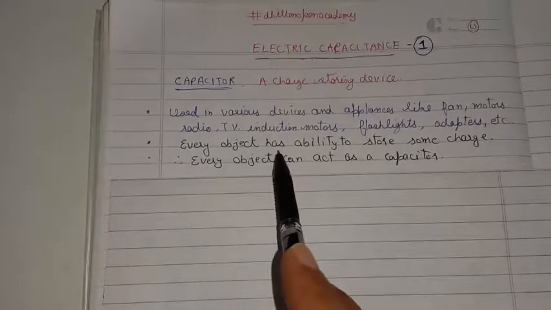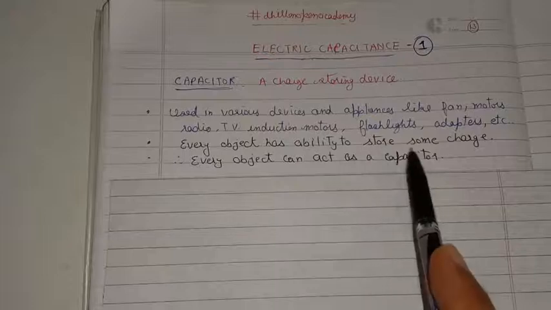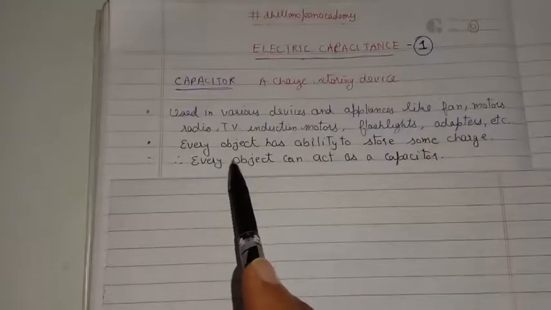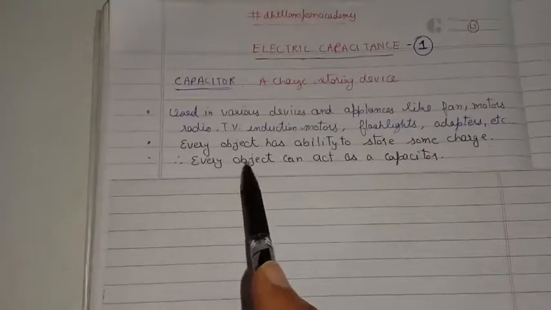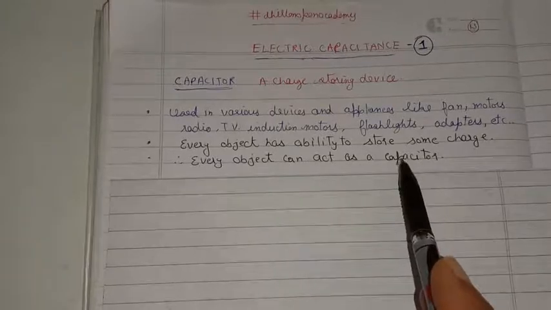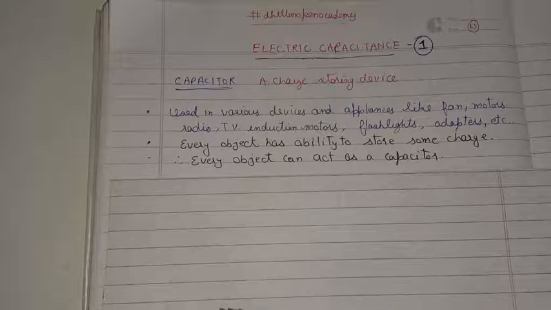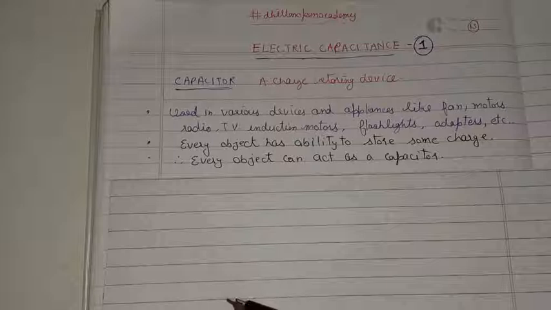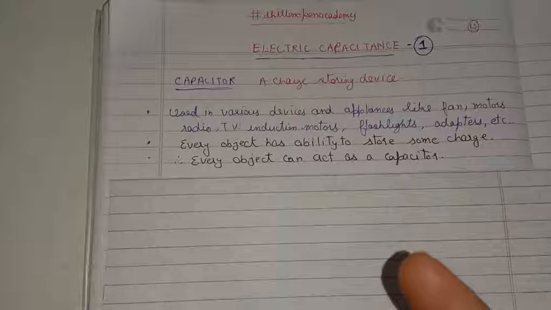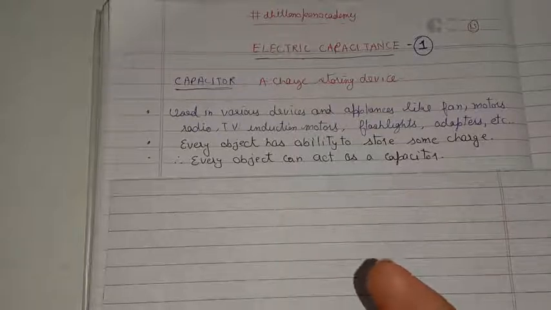In fact, every object which we encounter in our day-to-day life has some ability to store some amount of electrical charge. That means every object acts as a capacitor. Even our own body acts as a capacitor. Almost all of us are using touch screen mobile phones, which are basically known as capacitive touch screen mobile phones. Why are they called capacitive touch screen mobile phones? Because our body is a good conductor of electricity.